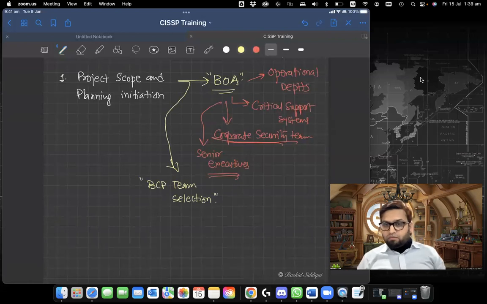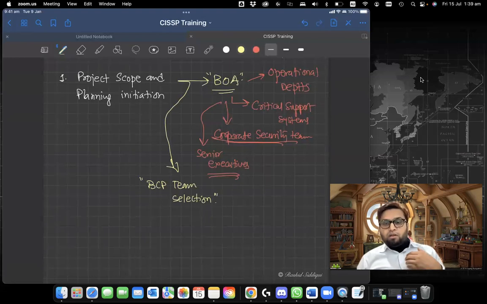We already have a team who is doing BCP. It's a small unit, primarily the project managers who have got some security experience, they know the business, they understand the ins and outs of how the organization is working.